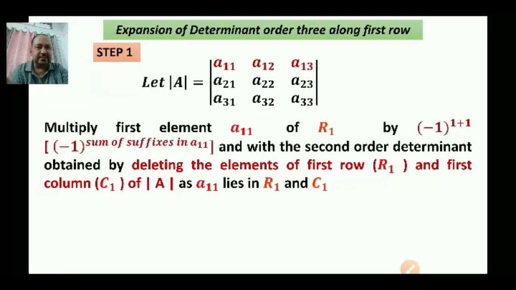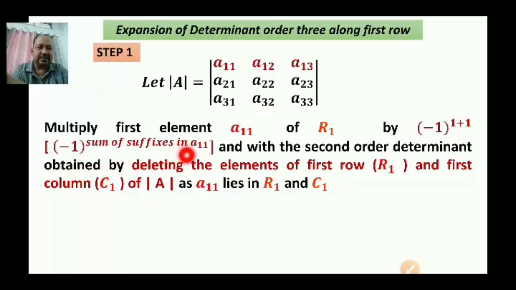Multiply the first element, but you have to consider some sign. The sign is decided by the position of the element. Suppose a11, this element lies in the first row and first column. It can be written as (-1) to the power 1 plus 1. This is the ith row and this is the jth column.